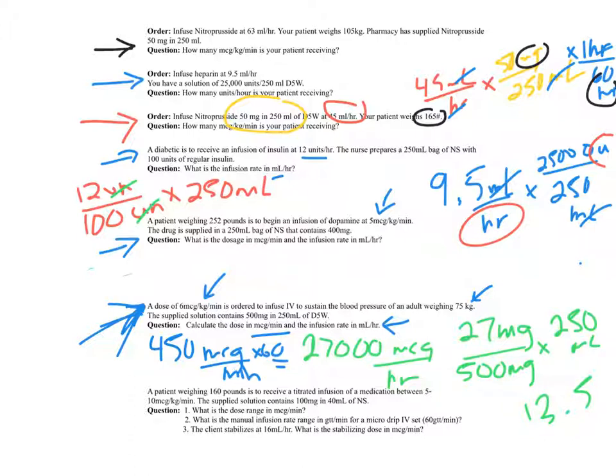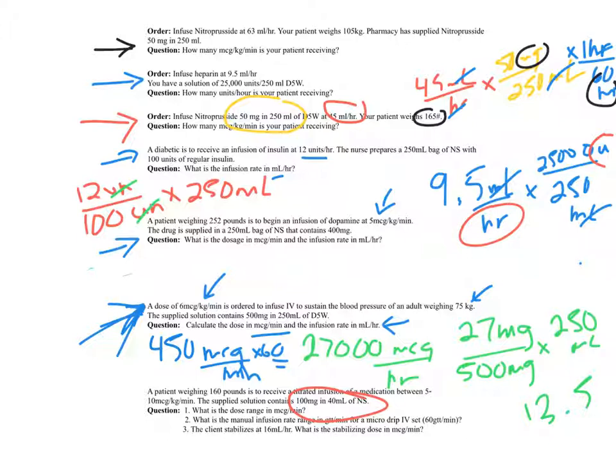Our drops per minute formula, the last question on that worksheet says the client stabilizes at 16 milliliters per hour. So what is that stabilizing dose then in terms of micrograms per minute?